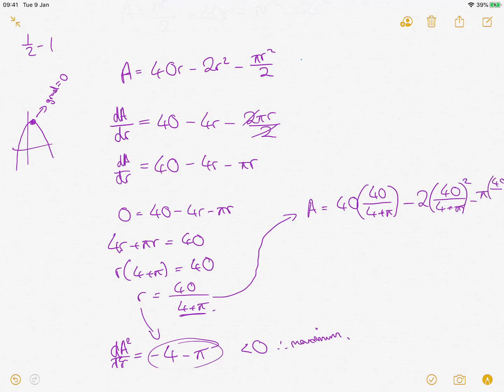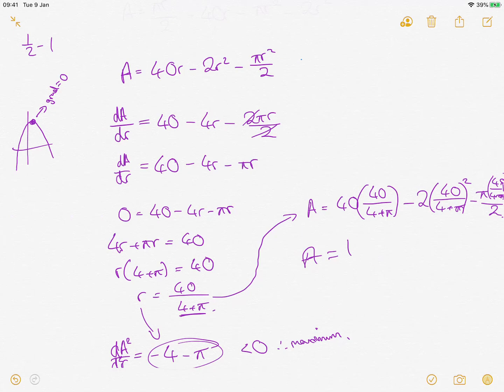Then I've sort of run out of space, and then you could simplify that, and I haven't actually found what the answer is, but that'll be how you get to your final answer.